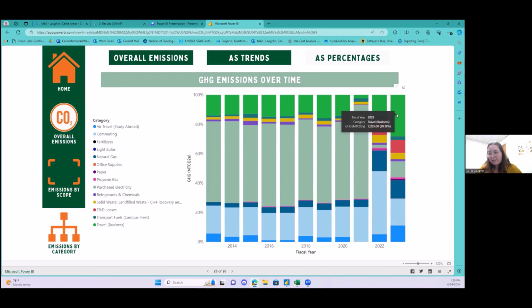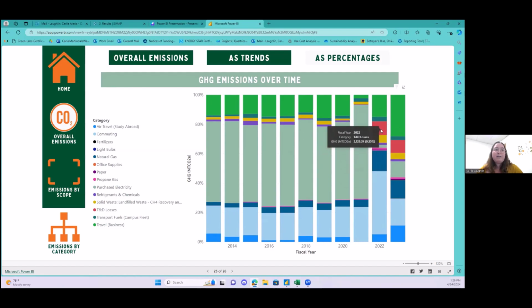Mandatory carbon offsets for flights tends to be a little controversial at universities, but if that's going to be one of our next biggest categories of greenhouse gas emissions that we need to tackle, we know that we need to start conversations about that or about something to help mitigate those.